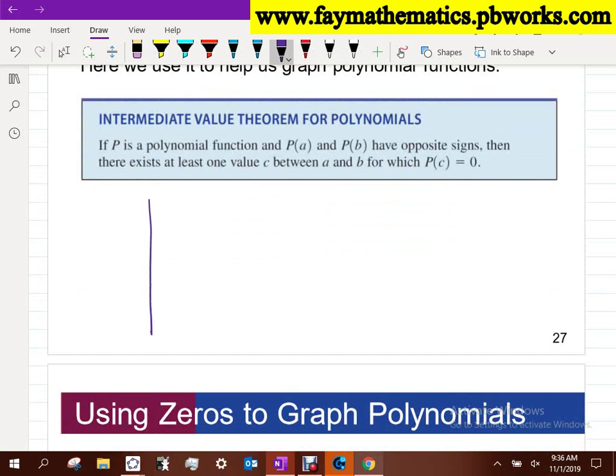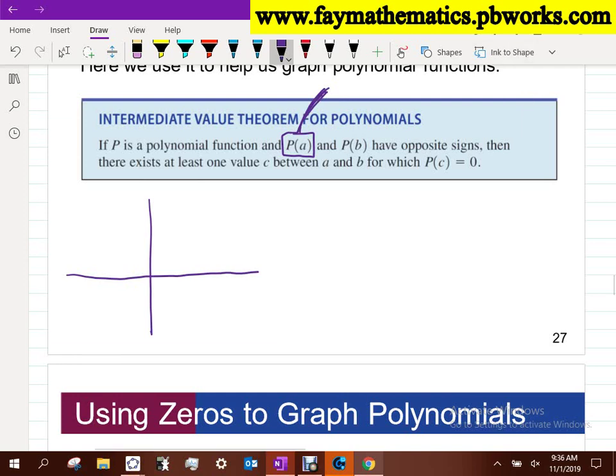All right, so we know we're talking about polynomials, right? You said polynomials are continuous, right? Okay. So it says if P is a polynomial, and P of A, what's P of A? When I say something like that, what is that notation referring to? P of A, P of 3, P of 12. P is my polynomial.